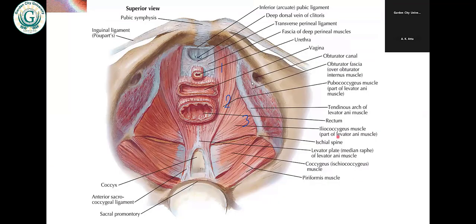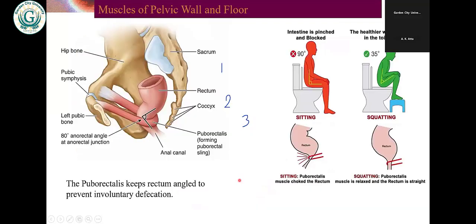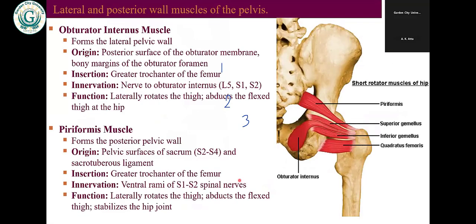Now the muscle here, the obturator internus muscle, and the muscle here, the piriformis muscle, they are not muscles of the levator ani. They are not muscles of the pelvic diaphragm. This is a piriformis muscle. Look at where it's going. And this is the obturator internus muscle. Look at where it's going. It's going to the what? The femur.